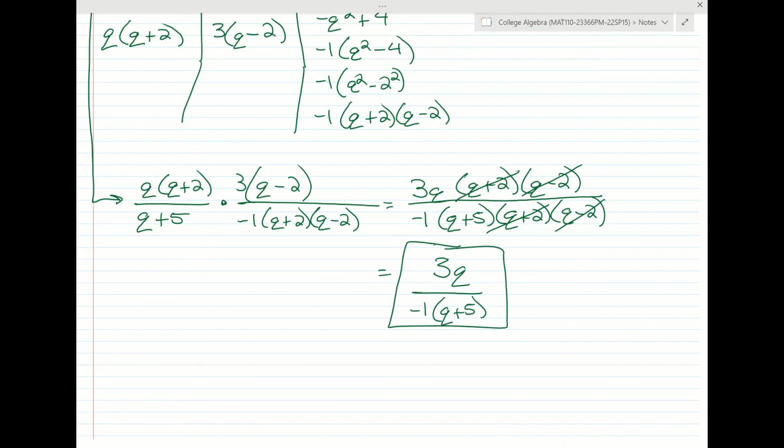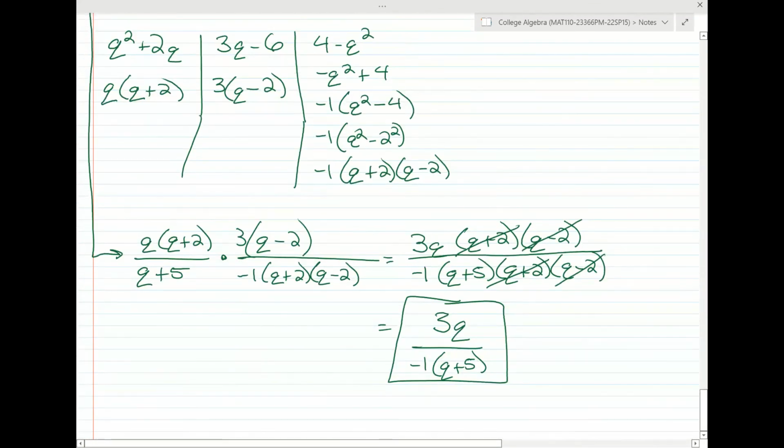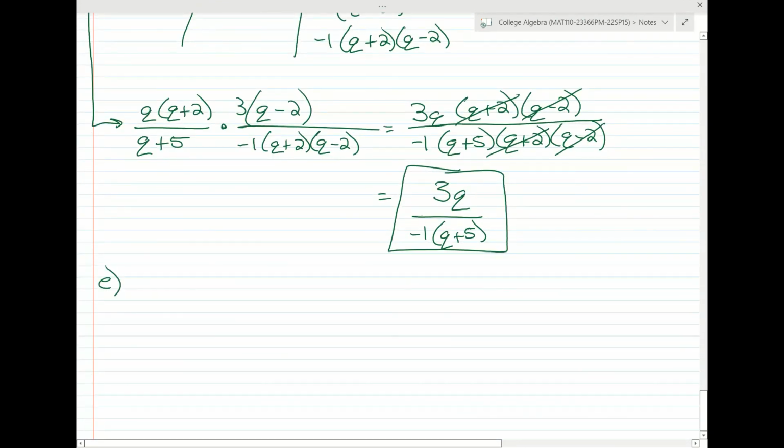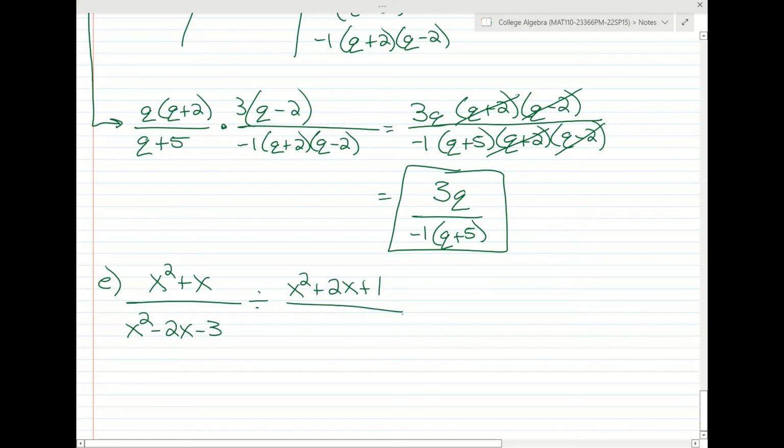Last problem for tonight looks like this. What if we had x squared plus x divided by x squared minus 2x minus 3 divided by x squared plus 2x plus 1 divided by x squared minus 7x plus 12.